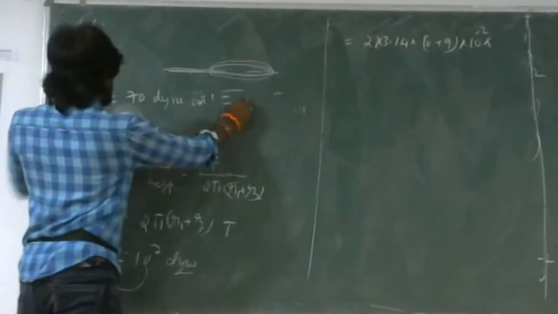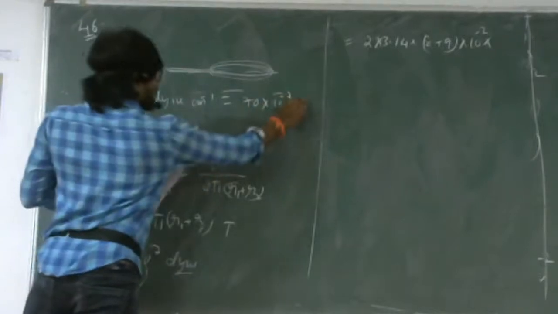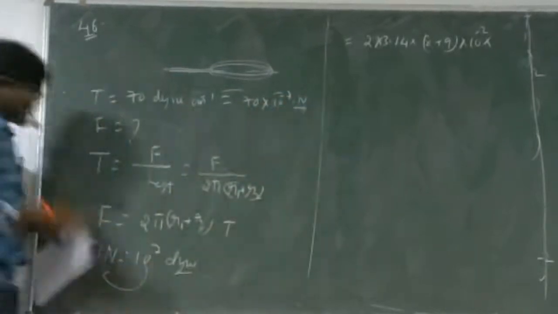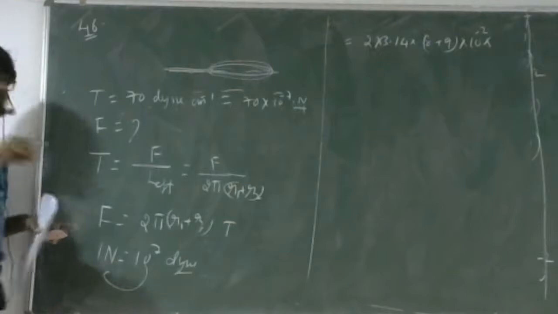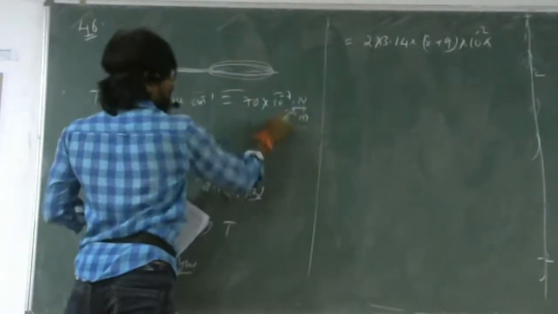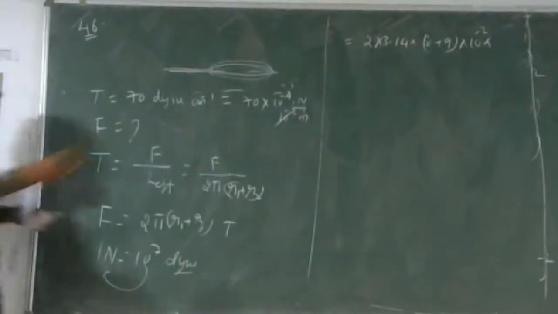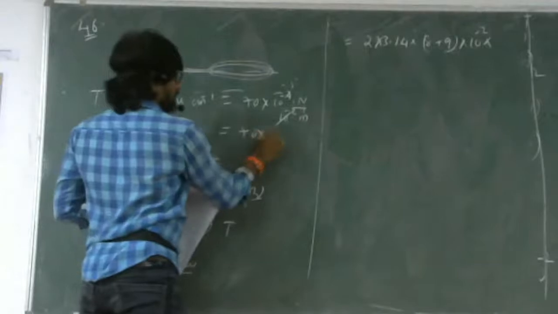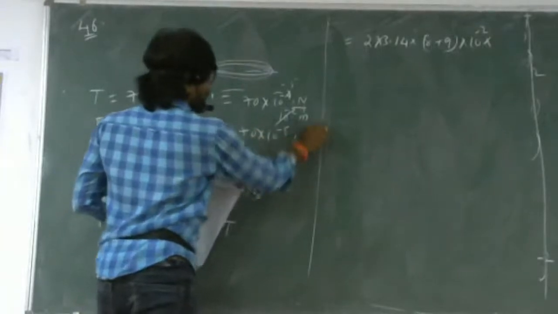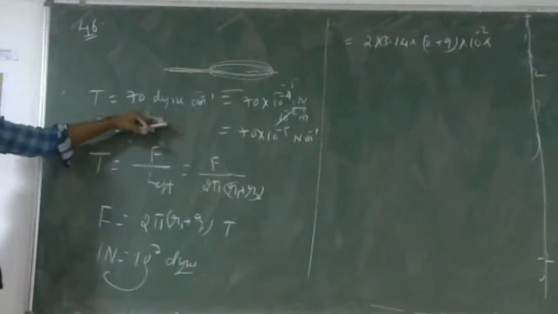So it is 70 into 10 to the power minus 7 Newton per centimeter. A centimeter is equal to how many meters? 10 to the power minus 2 meter. So it goes to the numerator and becomes 10 to the power minus 5. So 70 into 10 to the power minus 5 Newton per meter. This is clear, everyone? This is how we have to convert.